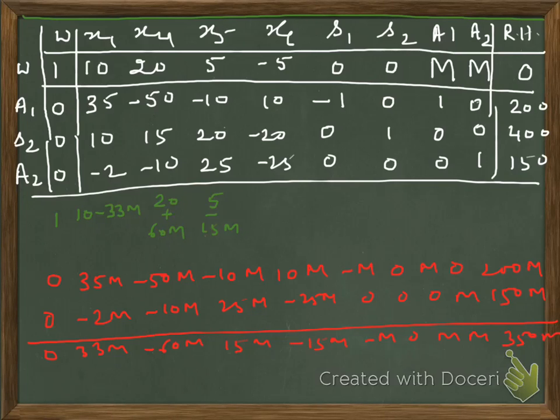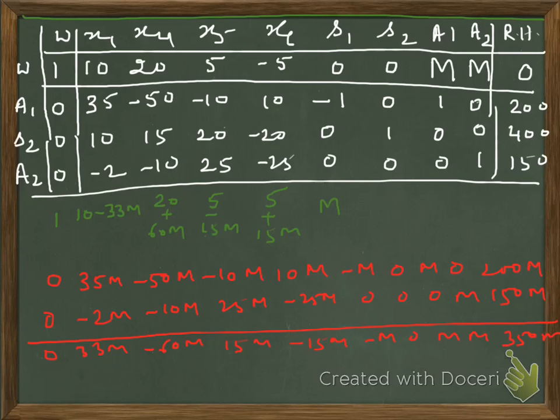Then next is minus 5 minus of 15m, so 5 plus 15m. Then for S1 you have 0 and minus m, so it becomes plus m.